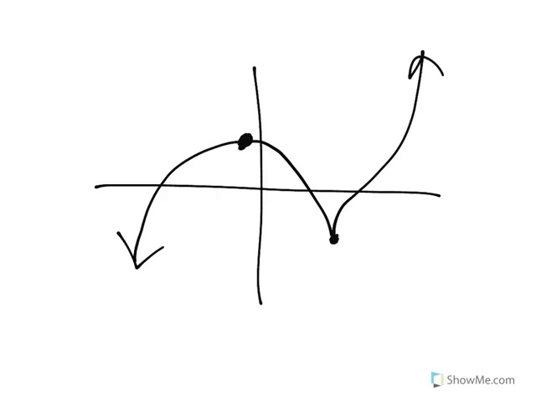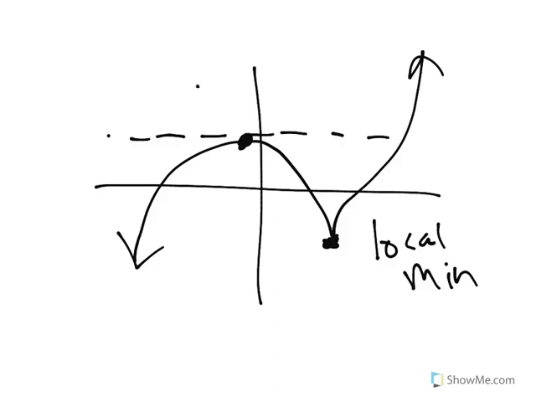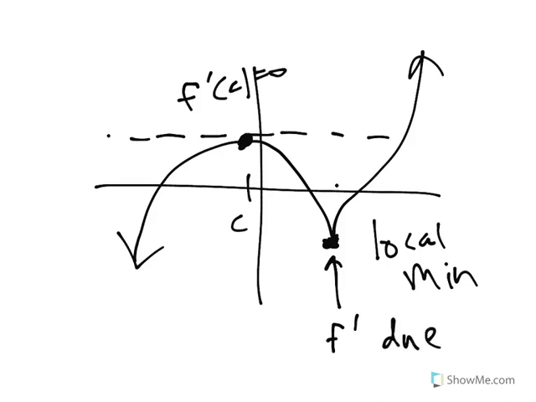And this point right down here is a local minimum. If we talked about finding f prime of x, at this value of c up here, f prime of c is equal to 0, but down here we wouldn't say that. For this point right here, f prime of d, or whatever you want to call it, f prime does not exist at that input value.